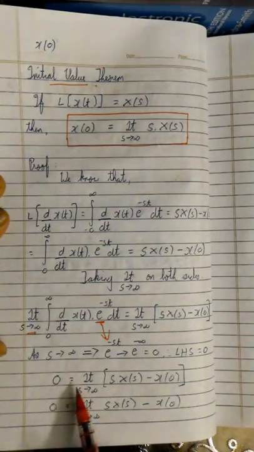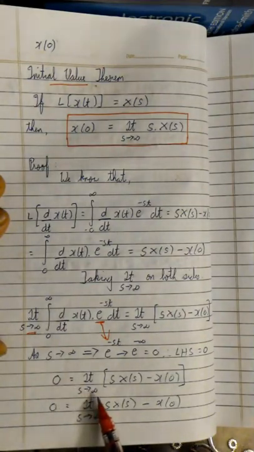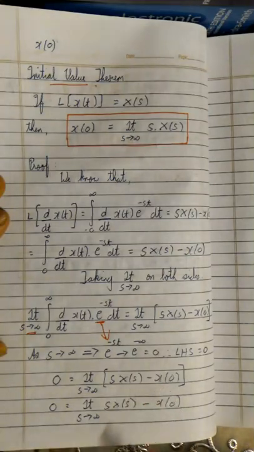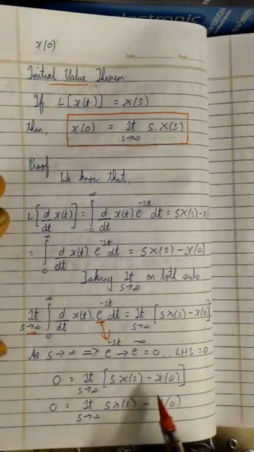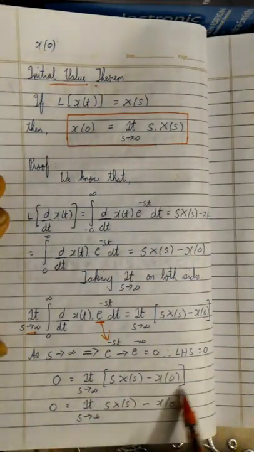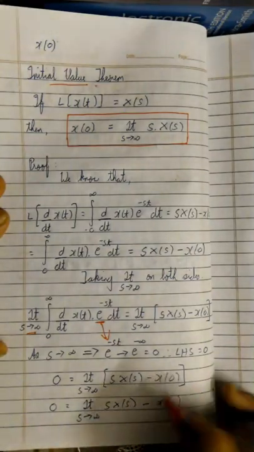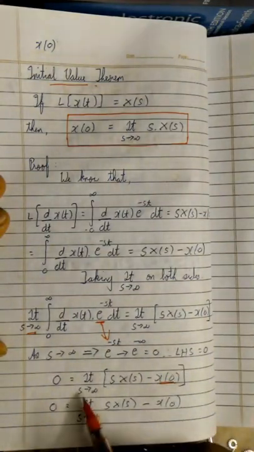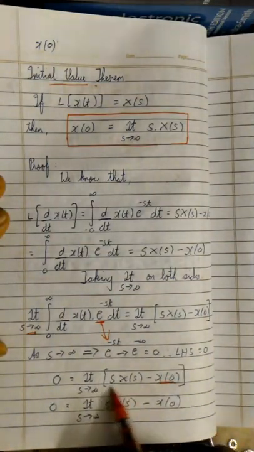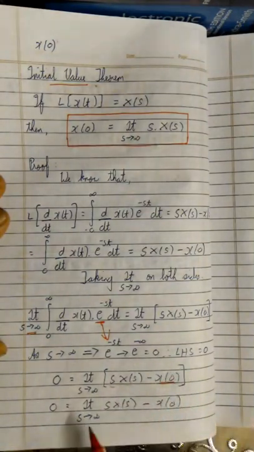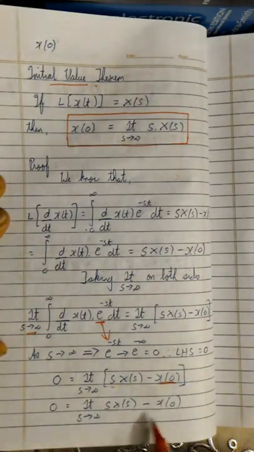So 0 is equal to the limit as s tends to infinity of s of X of s minus x of 0. This x of 0 has nothing to do with s, so I can take this value outside the bracket. The limit is applicable only to the first term, not the second term, because there is no s there. So this becomes limit as s tends to infinity of s X of s minus x of 0.